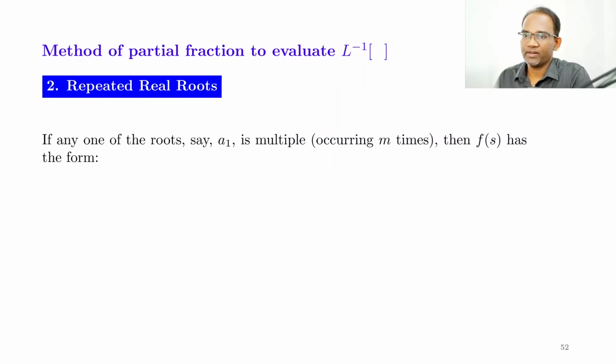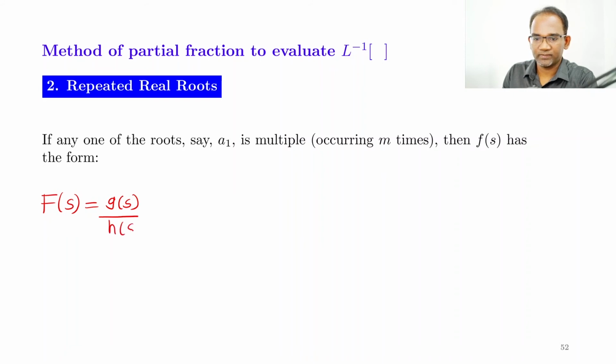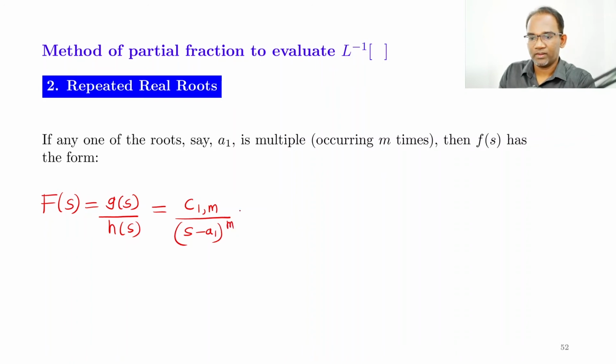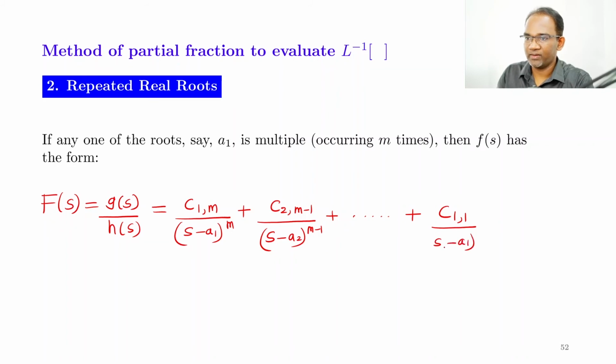If any one of the roots, say a1, is a multiple, that is occurring m times, then F(s) has the form F(s) equal to G(s) over H(s), and this is equal to c1m over (s minus a1) to the power m, plus c2(m minus 1) over (s minus a1) to the power m minus 1, plus the terms in between, and then c1 over (s minus a1), and the rest of the terms, that is the sum over i equal to 2 to n of ci over (s minus ai).